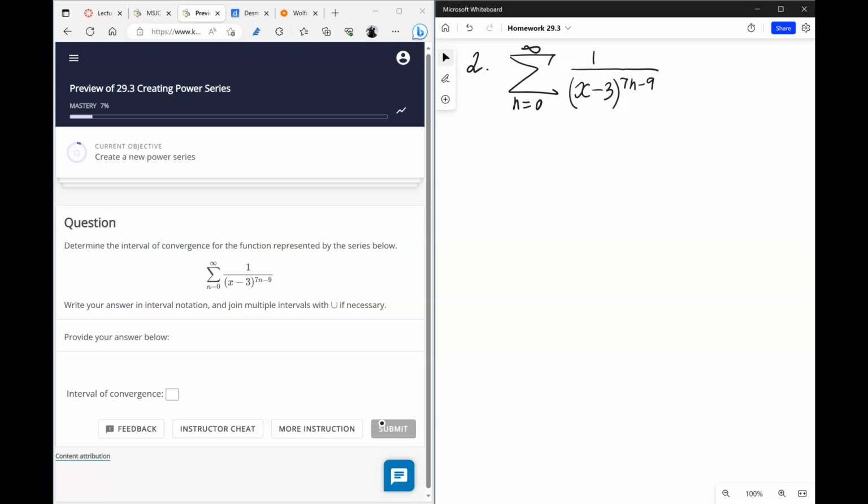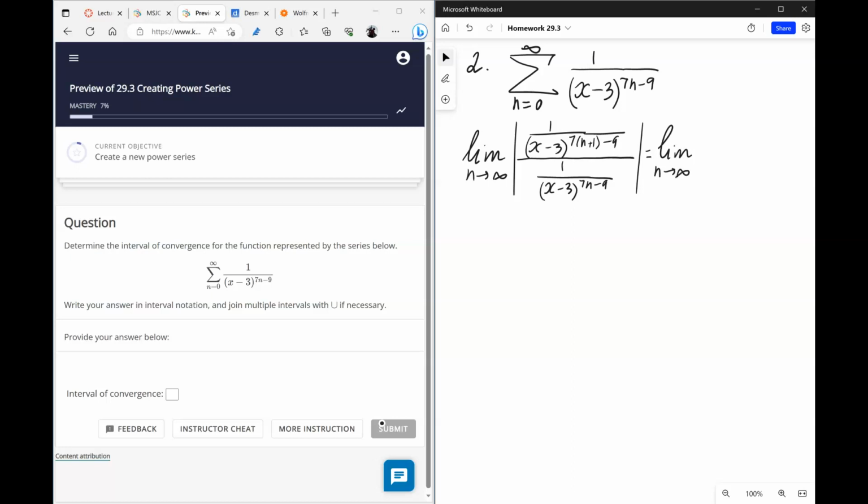If we set up the ratio test, we take the n plus 1th term and divide by the nth term, and then we simplify.